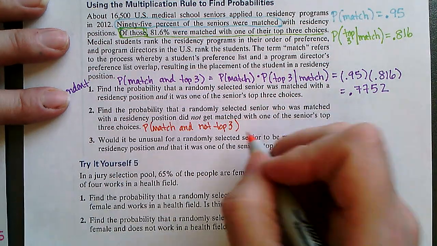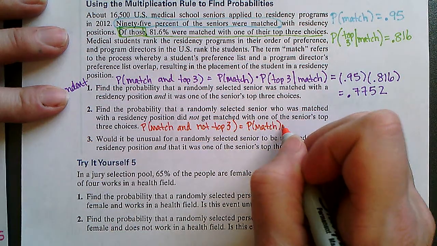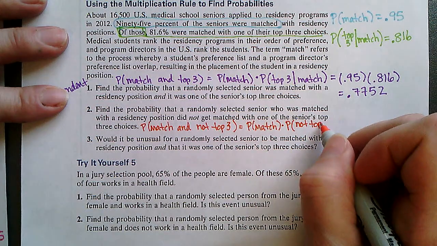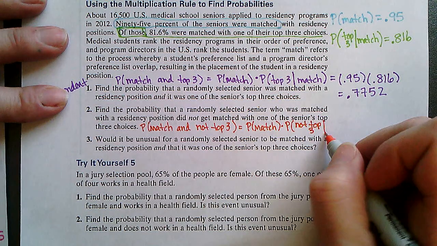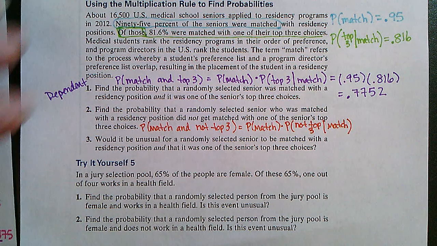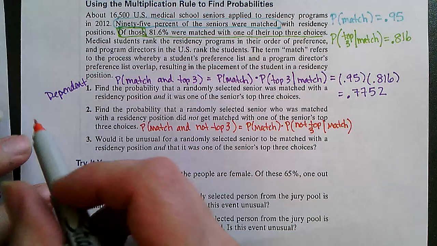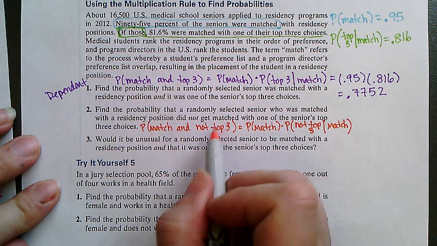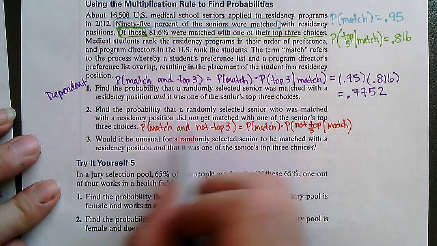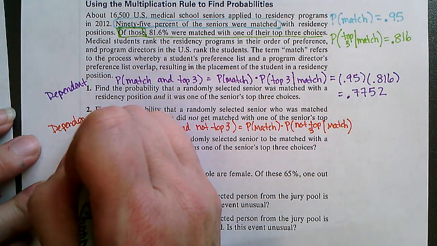So this would be the probability of getting matched times the probability of not top 3 given that we matched. So these events, will they be dependent or independent? Since you can't get one of your not top 3 if you're not matched in the first place, these are dependent as well.